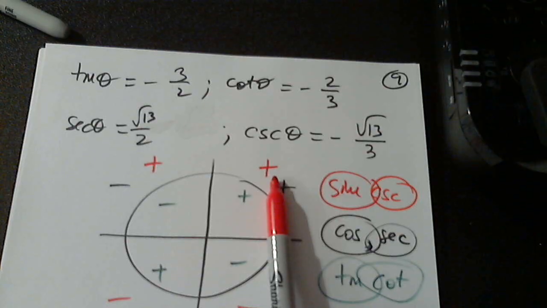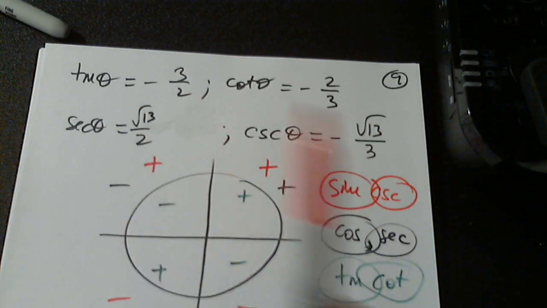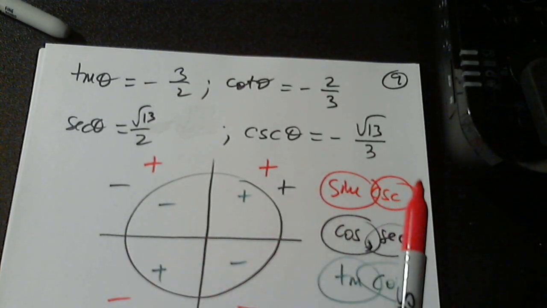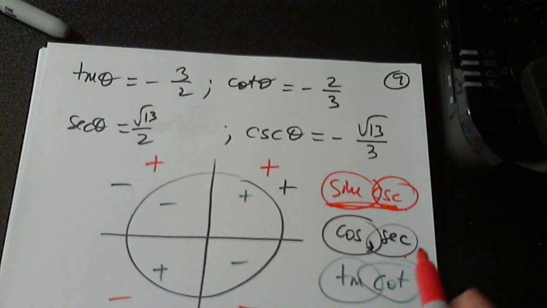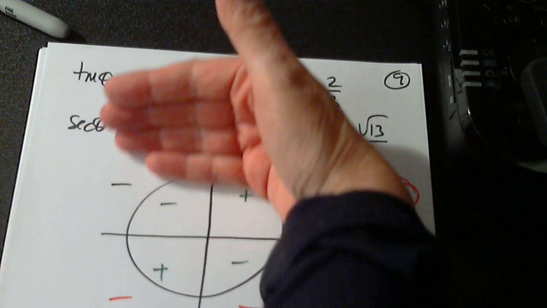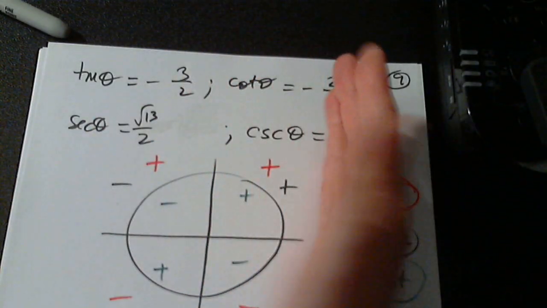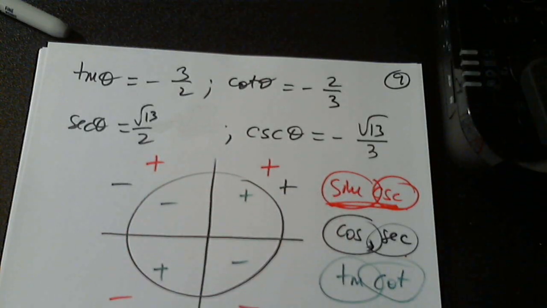If sine is positive, cosecant is positive. If sine is negative, cosecant is negative. So these go together. What do you have to remember? The only thing is positive for cosine, positive for sine, and the rest will follow. Positive for cosine, negative for cosine. Positive for sine, negative for sine.